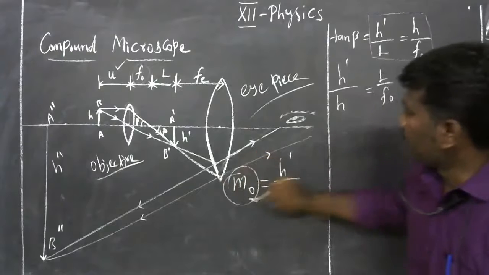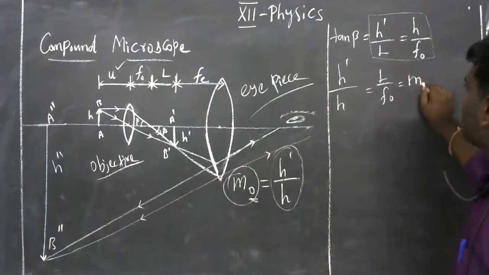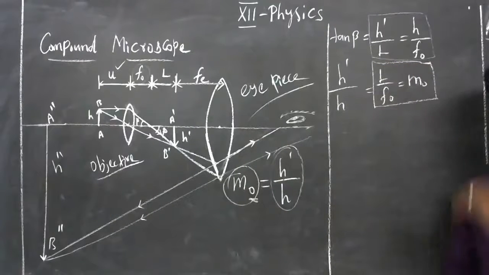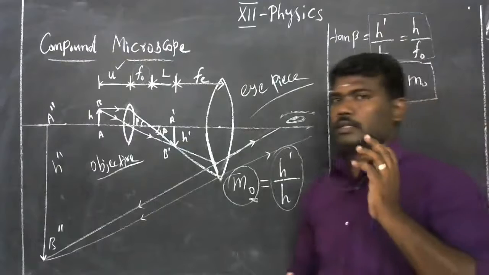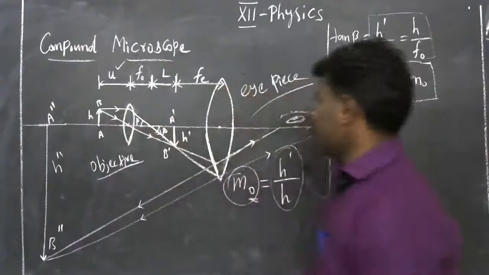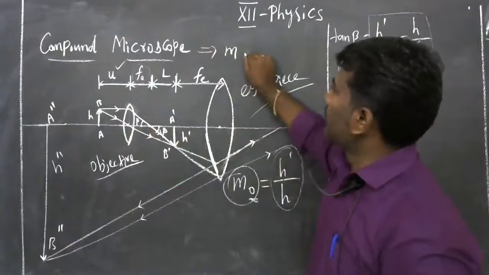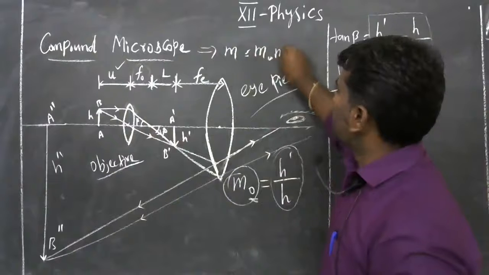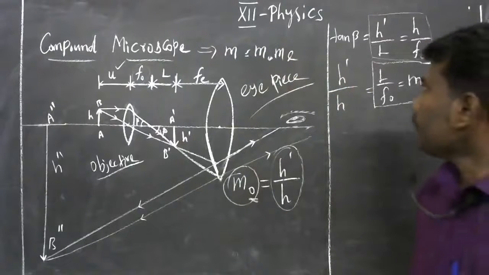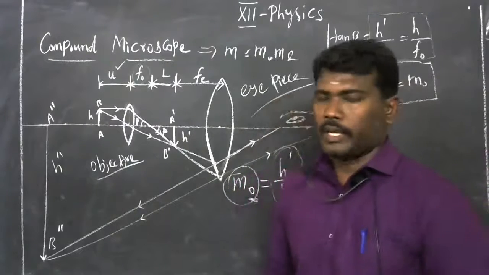M naught is h dash by h, so L by f naught is M naught. So we got the equation for magnification of the objective lens. The final magnification produced by the compound microscope, M, is M naught times Me, where Me is the magnification produced by the eyepiece and M naught is the magnification produced by the objective lens.